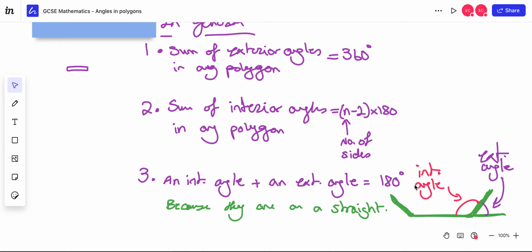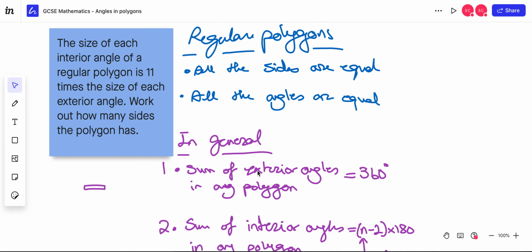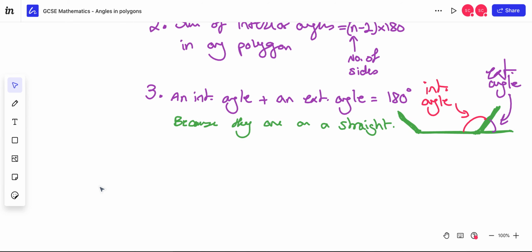So back to this question. They are talking about the size of each interior angle of a regular polygon being 11 times the size of each exterior angle. Let's sketch part of the polygon. I don't know how many sides it has. If the exterior angle is x, the interior angle is 11x.